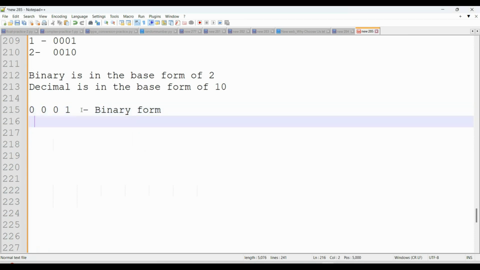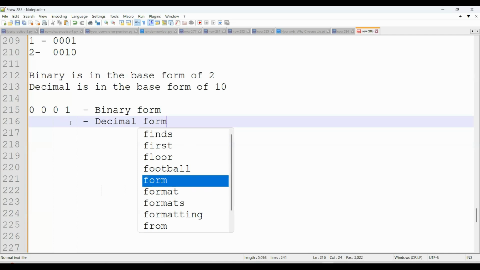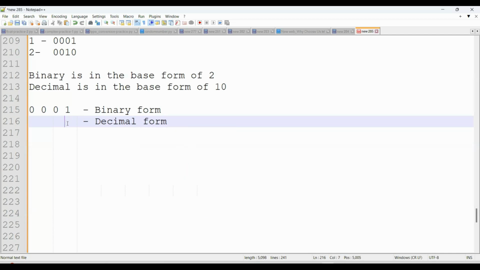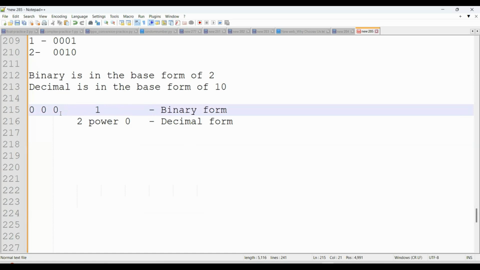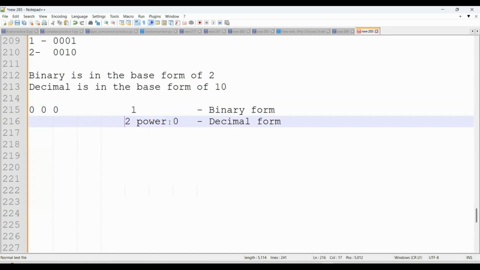We'll convert it to decimal form. How to convert? I'll tell. This is the binary form. So binary, what is the base? 2. The first digit represents 2 power 0. First one. So this is the one. Then talking about 2 power 0, one thing I'll do, it is 2 power 0.